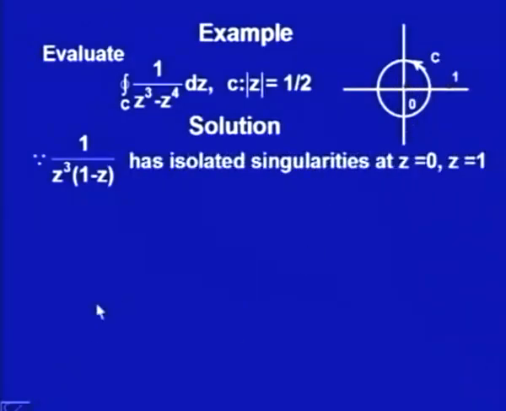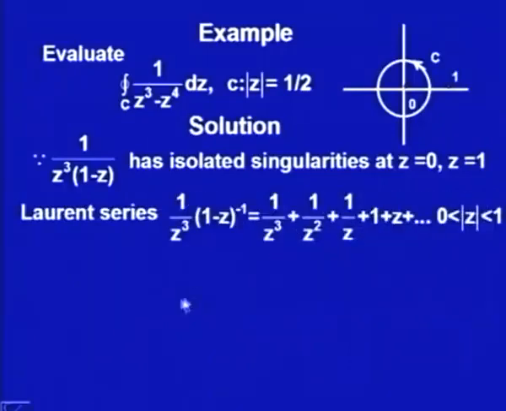So let us see, if I use this Laurent series, it is 1 upon z cube into 1 minus z to the power minus 1. We know by the Maclaurin expansion that 1 minus z to the power minus 1 is 1 plus z plus z square plus z cube and so on.